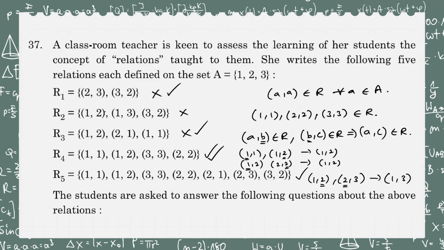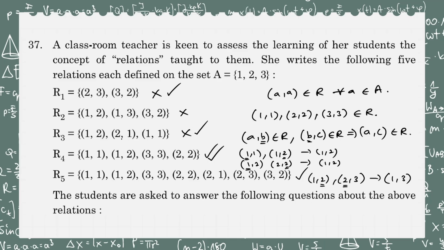Also R2 is not satisfying symmetric property, as we see. 1, 3, 3, 2 is the only pair we can consider, but their combination will give you 1, 2. So transitivity is there. And R3 satisfies symmetric also, that we have checked already.